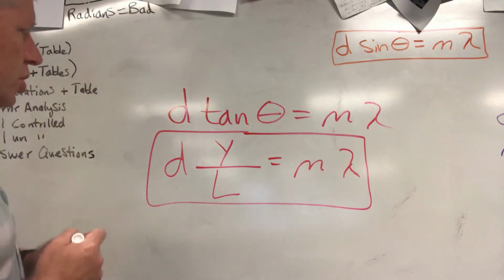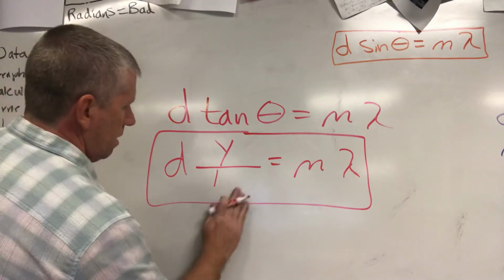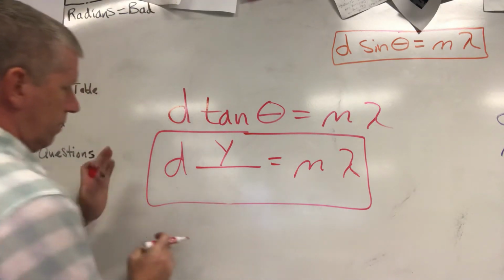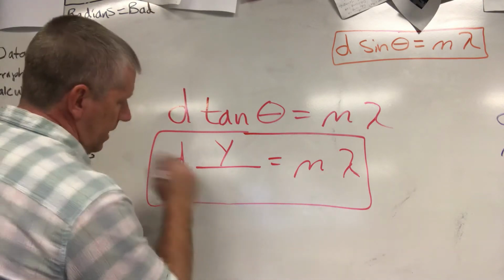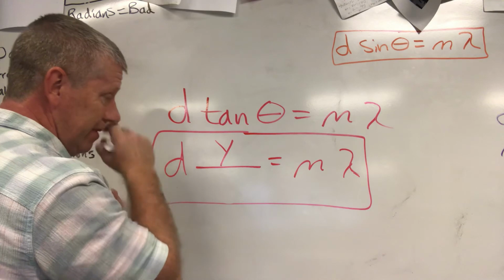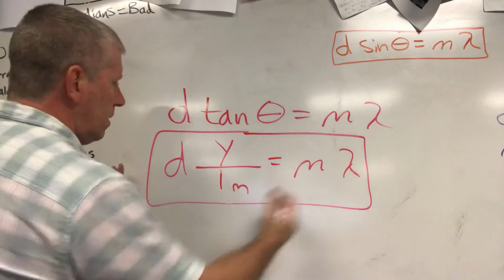So let's say you knew the length between where the diffraction grating is and where you're projecting is 1 meter away.